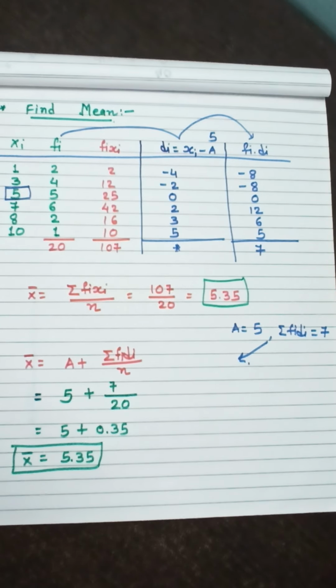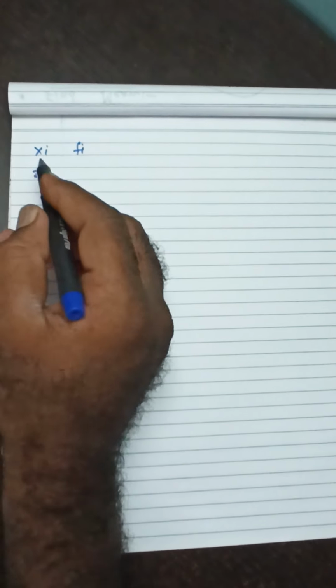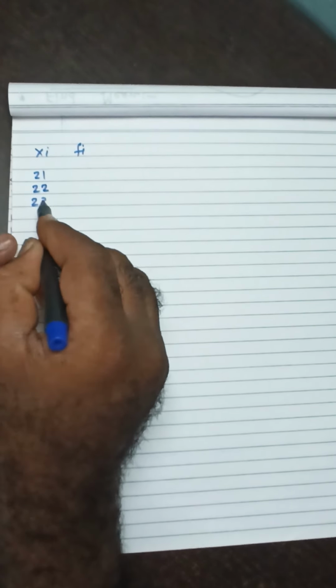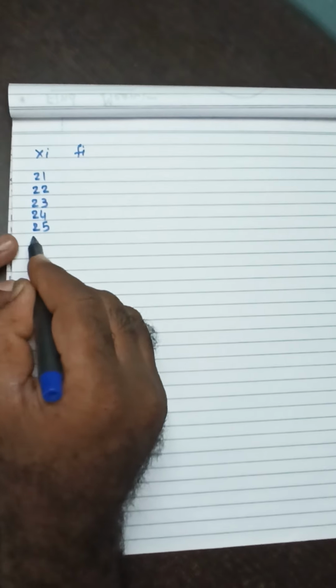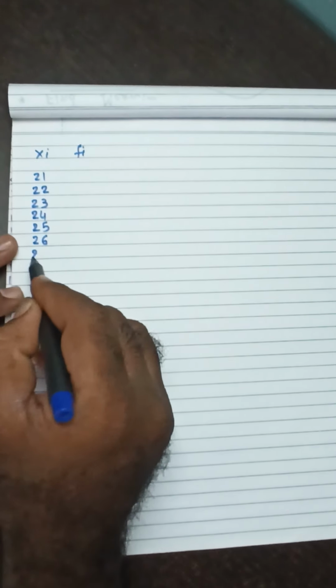Okay. One more question. This question we will solve only by the shortcut method. xi and fi: xi is 21, 22, 23, 24, 25, 26, 27.